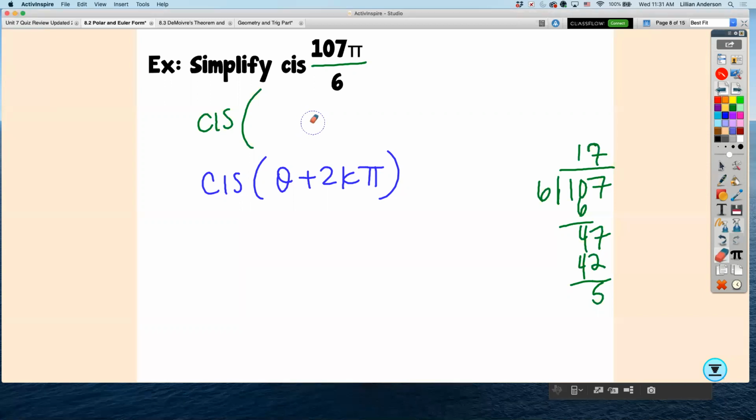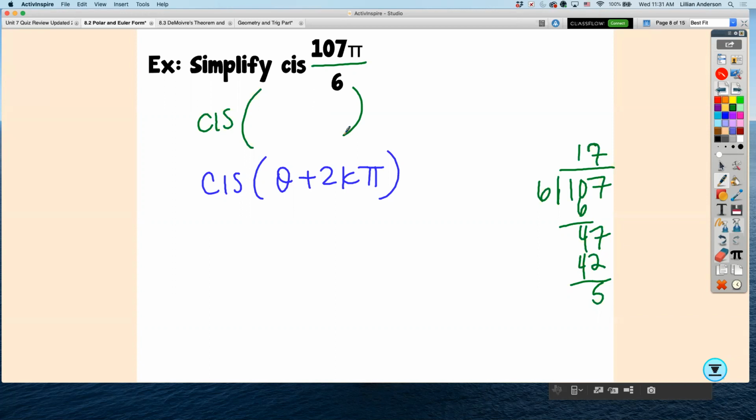Okay, so I'm going to use 16 plus an angle, or I'm going to use 18 minus an angle. You still have that restriction though. If I use 16, is that going to give me a theta that's in between negative pi and pi?